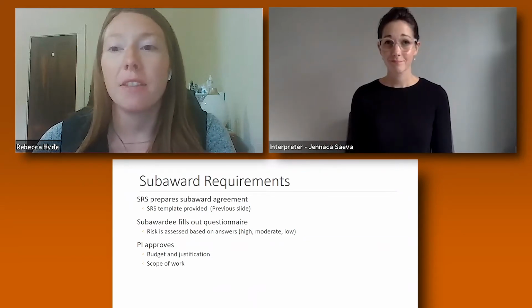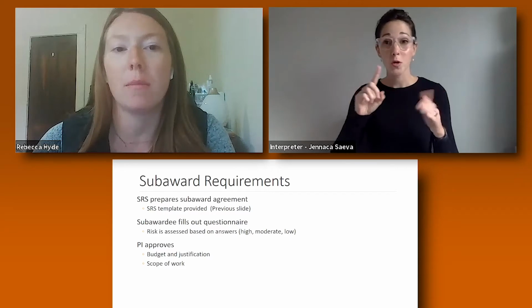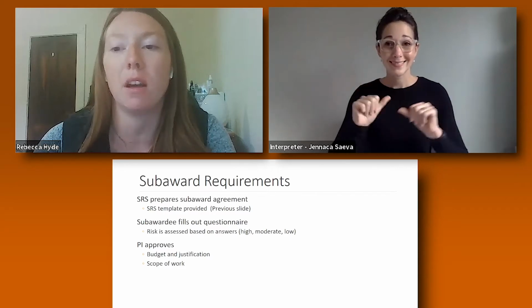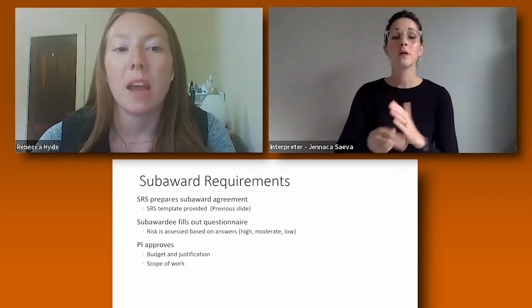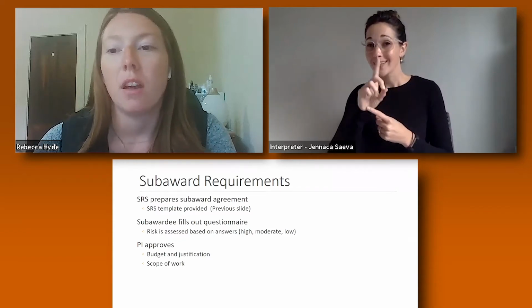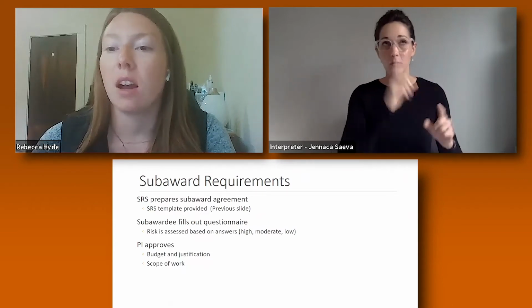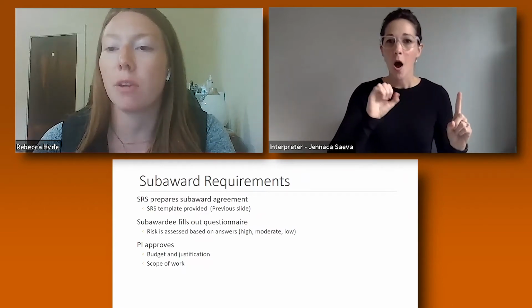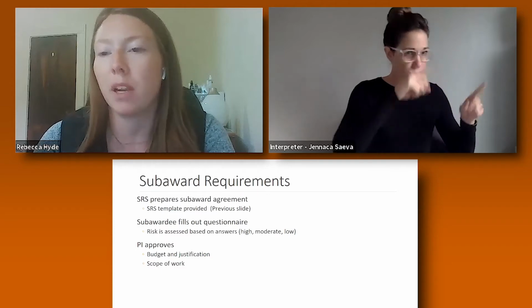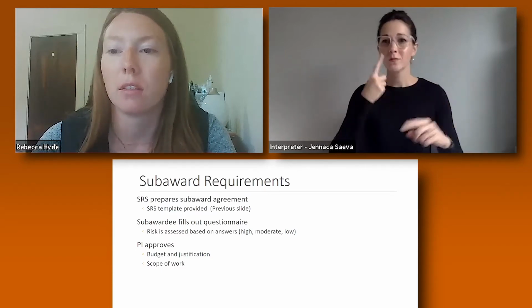And then once we have the template filled out and the subaward questionnaire risk assessment approved, the PI will then approve the subawardee's budget justification and their scope of work. That way there's a contract set in place so that everyone knows what their roles and responsibilities are in terms of completing the objectives of the grant.